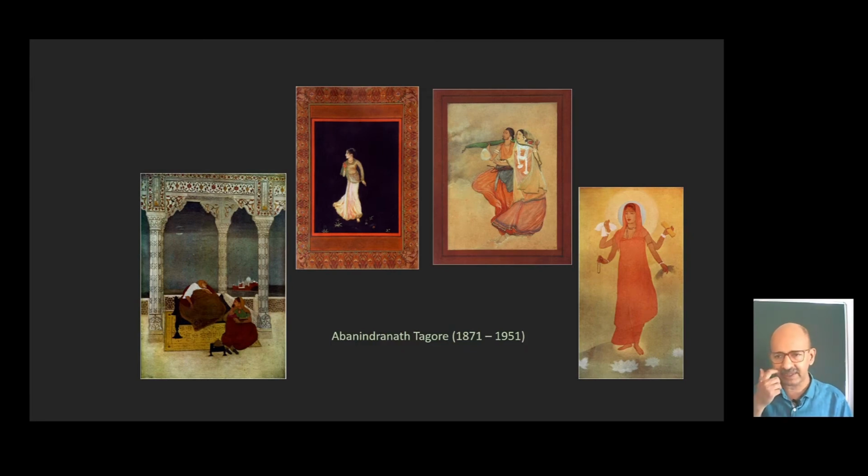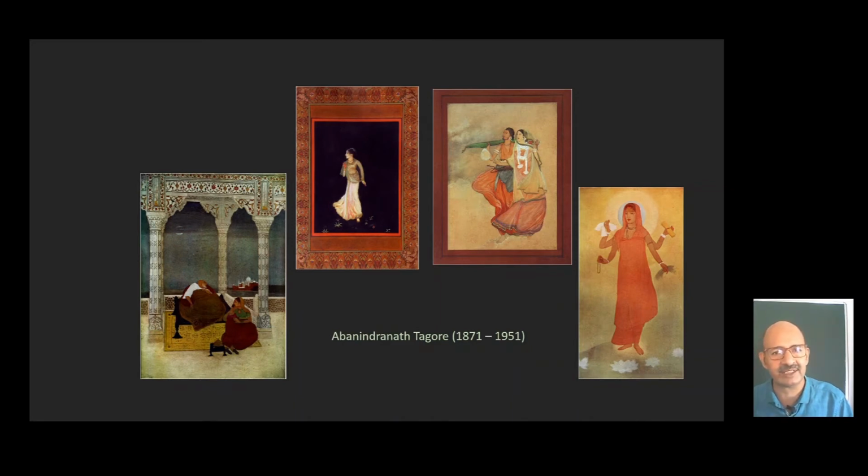Now, Abanindranath Tagore, quite early in his life, was inclined to certain forms, certain formats, certain color schemes of Indian miniature paintings, as you can see in this painting. And sometimes even a reimagination of an Indian past. For example, the one on the left hand side, you see the death of Shah Jahan.